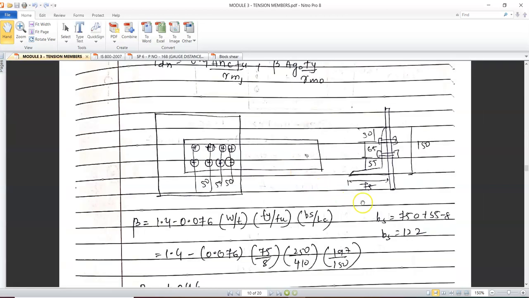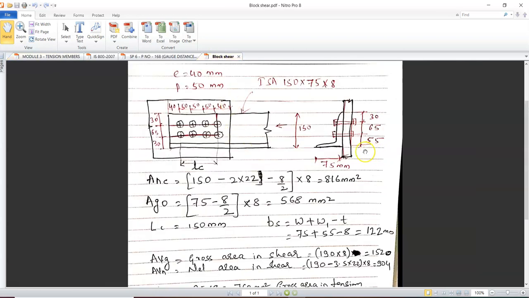When you refer to that figure, which we have already seen, this is 55. It is not clear here, better we'll take this figure. Just now we have shown that. So w is this distance, wt is this distance between the heel of the angle and the center of the bolt. That is, w is 75 and wt is 55.